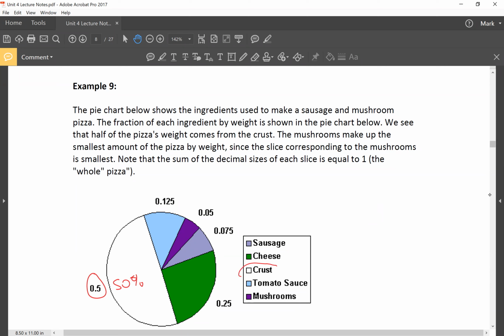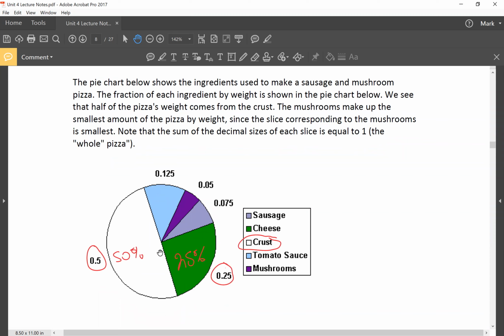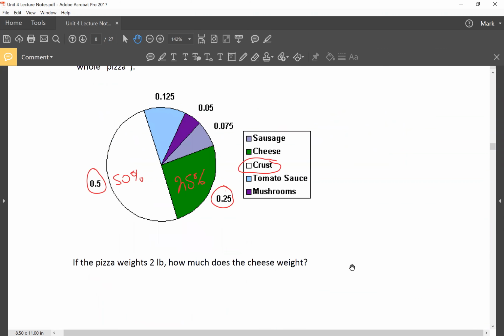And it says here that the white part of the chart represents the crust or the dough, the bread. We see a quarter, 0.25 or 25% of the pizza weight comes from the cheese. That's a lot of cheese. And then you can see the remainder: sausage, tomato sauce, and mushrooms. Sounds like a good pizza.